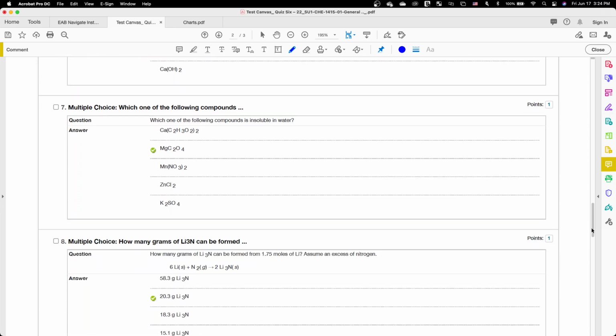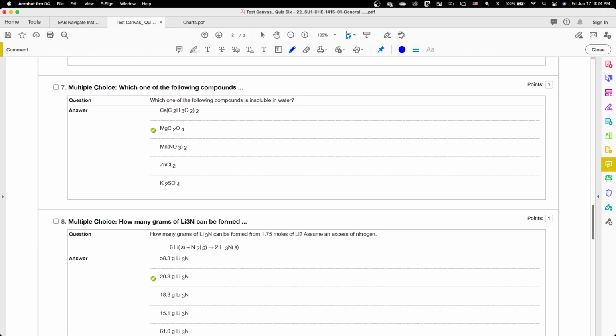Next question. It says, which of the following compounds is insoluble? Again, all you have to do is check the chart. We already know that magnesium is insoluble with most things from the previous question. But we have this ion right here. Is that chromate? I don't know, C2O4, oxalate maybe. I can't remember what that is.